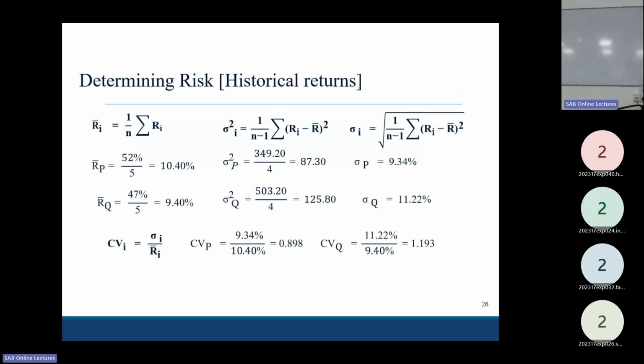For company P, as we calculated, the average is 10.4. For company Q, R bar is 9.4.